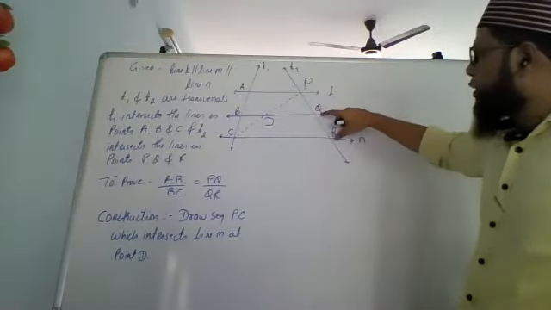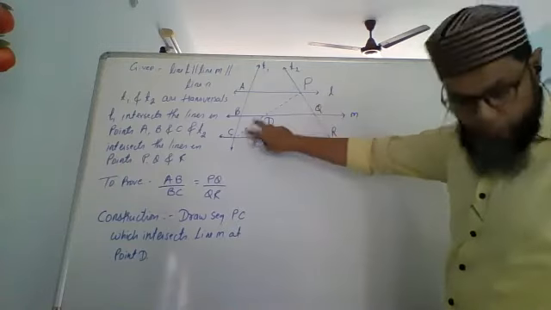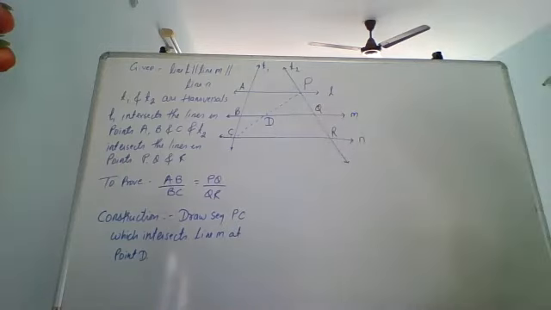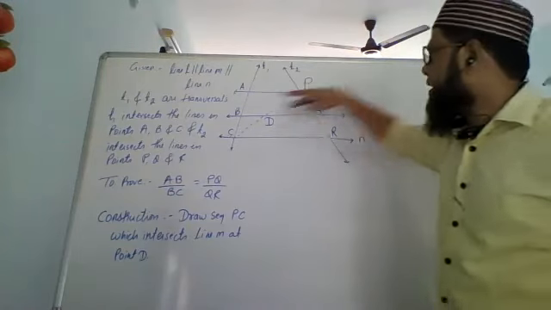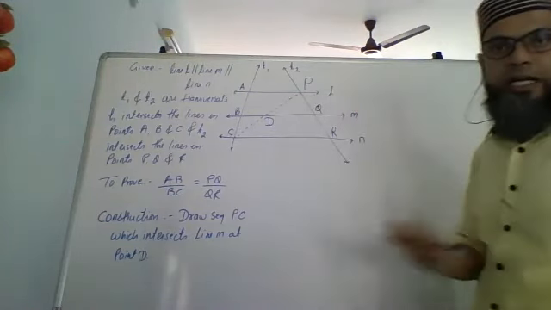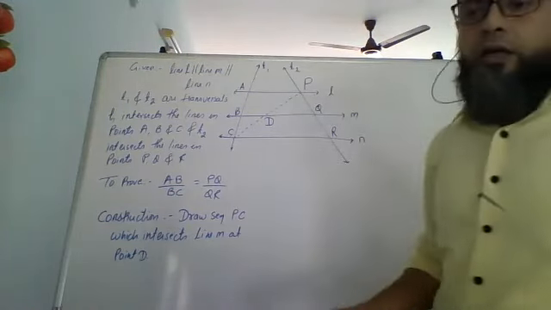So PQ upon QR equals DP upon DC. Okay, so from 1 and 2 we can say AB upon BC equals PQ upon QR. That is all that is there in this, nothing complicated.